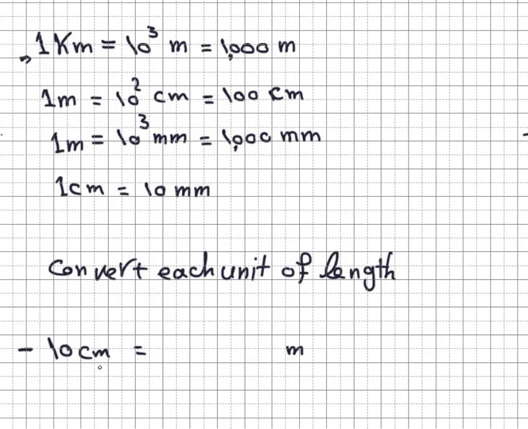Here we have centimeters. We want to convert 10 centimeters to become meters. If we have 10 centimeters and we want to change it to meters, we have to divide.